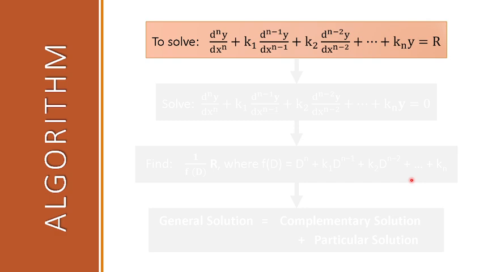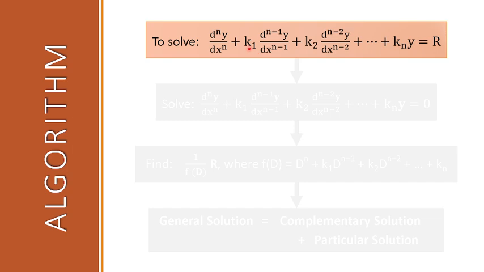Okay, so the first step is to identify what a non-homogeneous linear differential equation looks like. The first term you can see here is the nth derivative of y with respect to x. y is the dependent variable, x is the independent variable, and it is linearly combined with the (n-1)th derivative of y with respect to x.